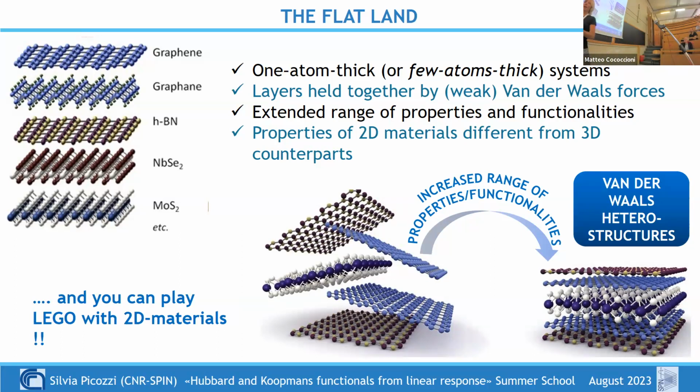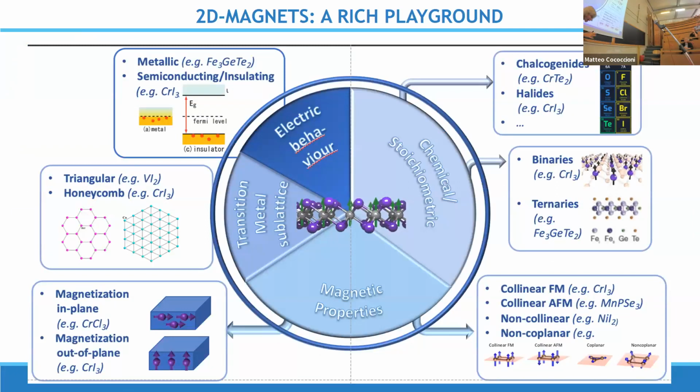You can stack them the way you want, you can play Lego, and many nice features. After the boom on graphene, there came the boom on 2D magnets, which actually started with the finding of ferromagnetic behavior in chromium iodide CrI3 and chromium germanium telluride, in 2016 and 2017.